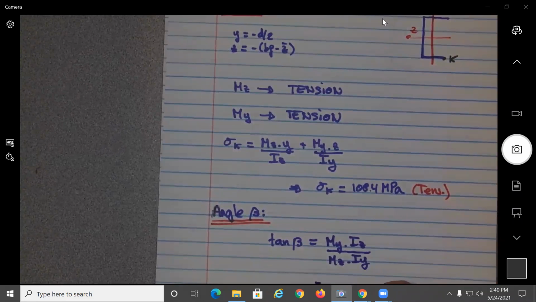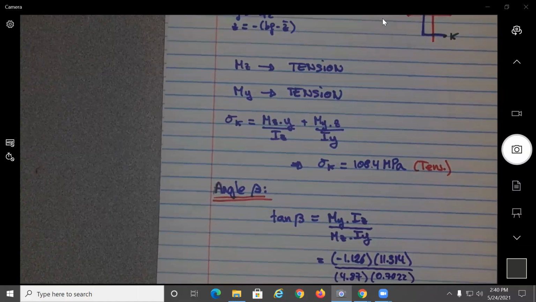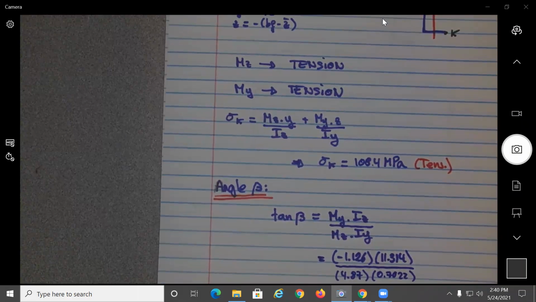Here, since this moment was negative, minus 1.126 times whatever this one is, 11.314. The units will cancel out, so we don't need to worry too much. This is unitless, it's an angle. Divided by 4.87 times 0.7022, this will give us an angle of minus 74.95 degrees.